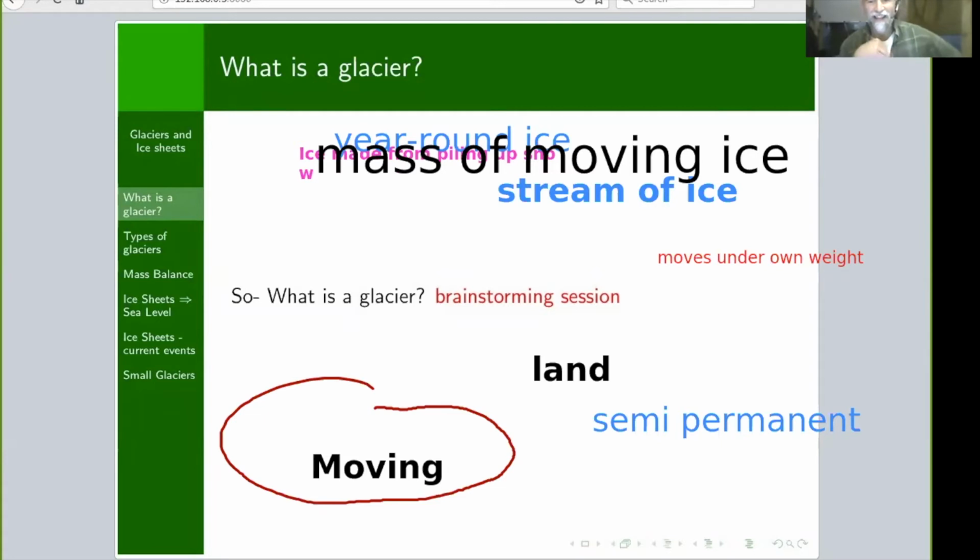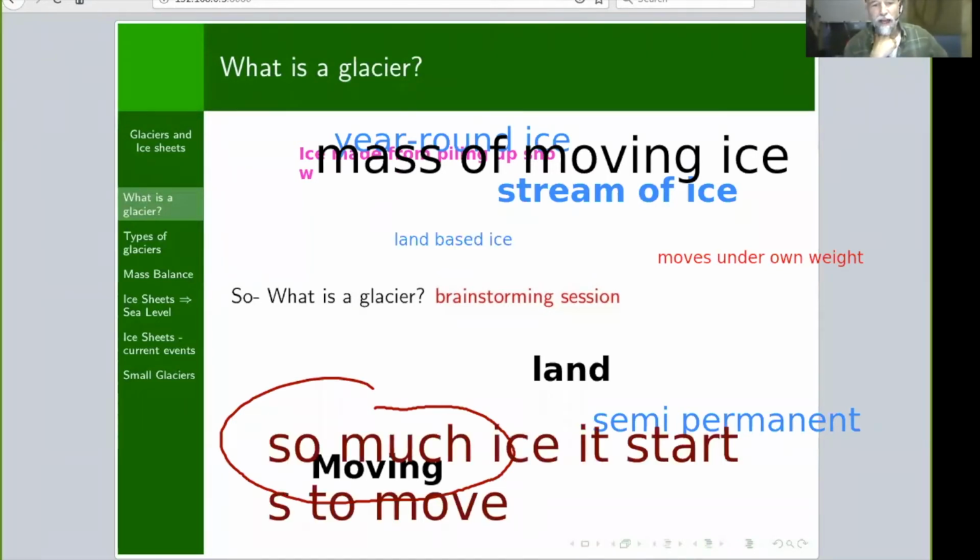Moves under its own weight. That's one of the things that always helps me feel I've really defined a glacier: once this pile of ice is moving under its own weight, then we really consider it a glacier. I wish I had started doing this with my class earlier.